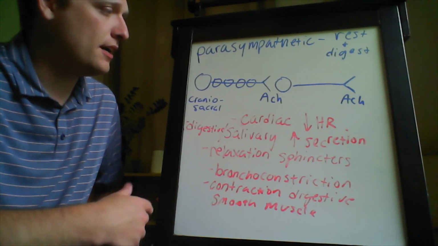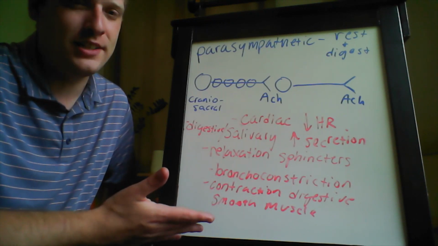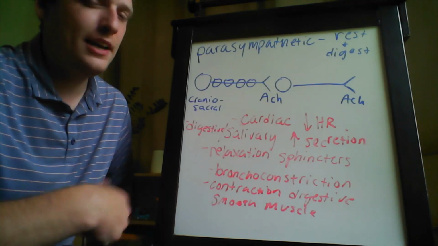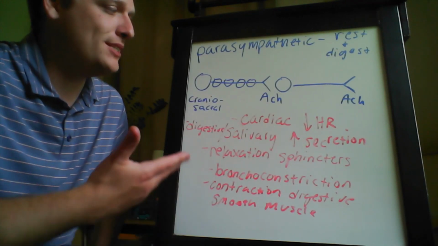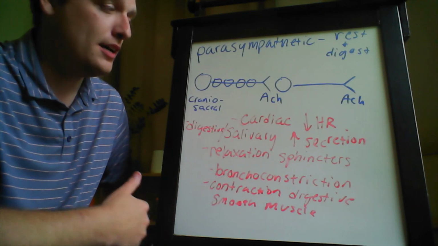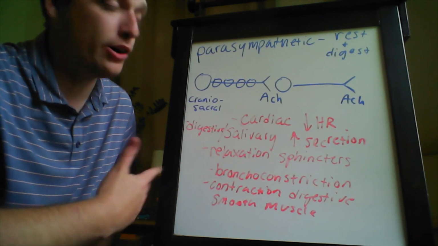Whereas cardiac muscle contractions had more force with the sympathetic nervous system, in a rest and digest state you want to decrease heart rate. So the cardiac muscle that's targeted is going to be having fewer contractions.